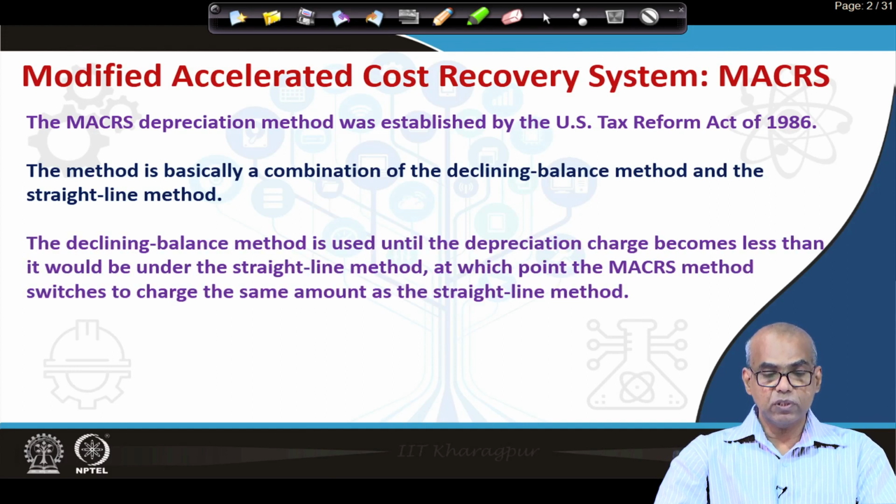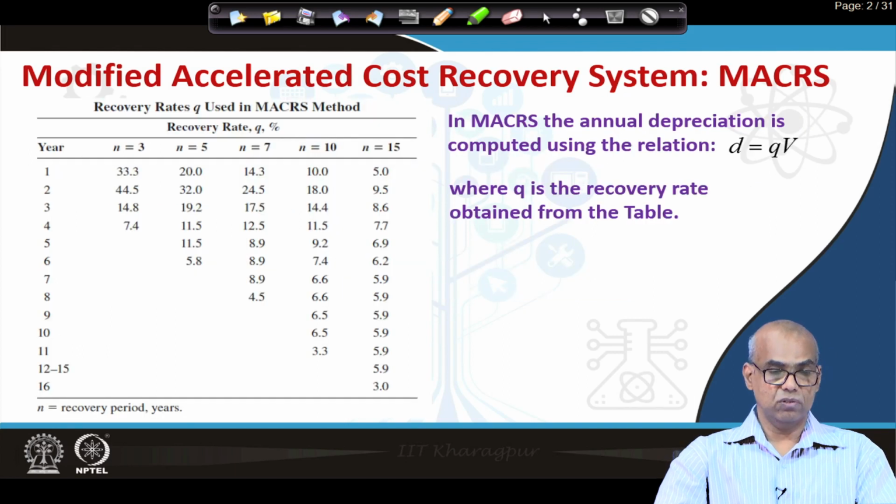The declining balance method is used until the depreciation charge becomes less than it would be under the straight line method, at which point the modified accelerated cost recovery system method switches to charge the same amount as the straight line method.